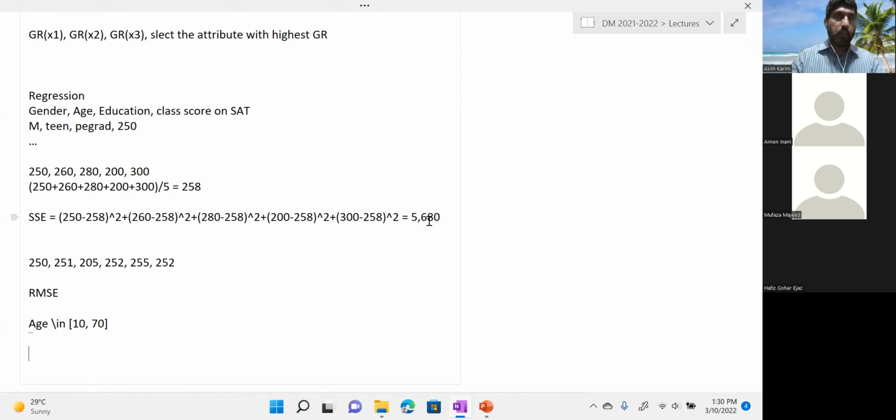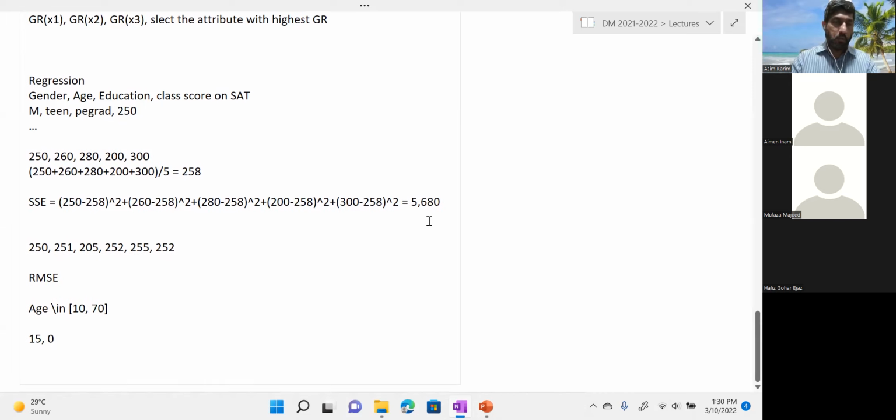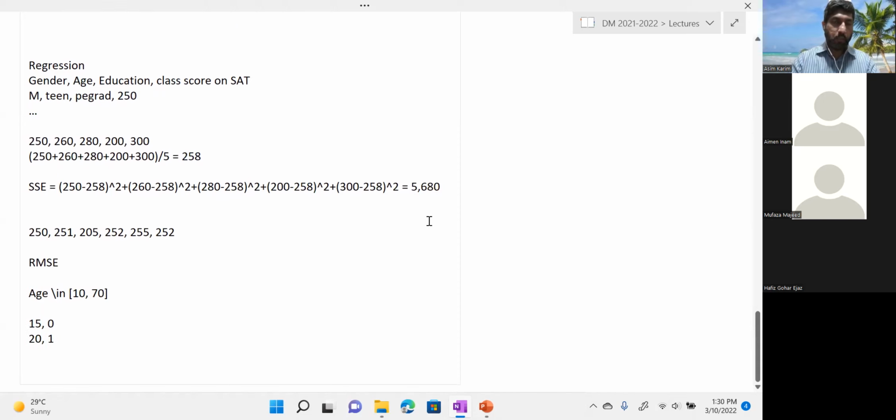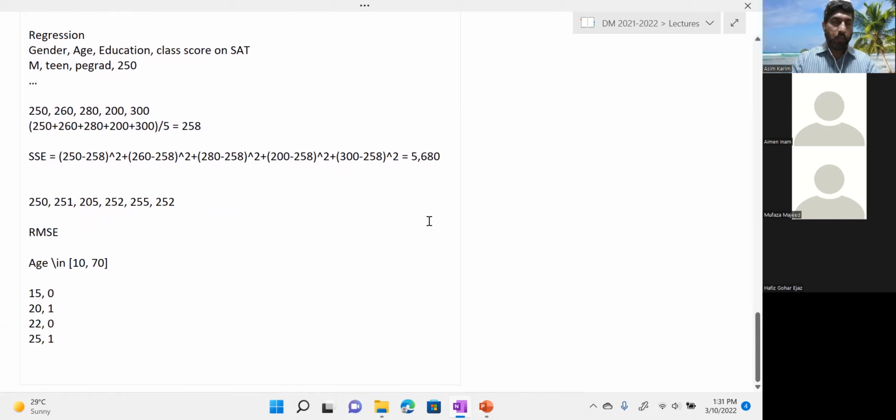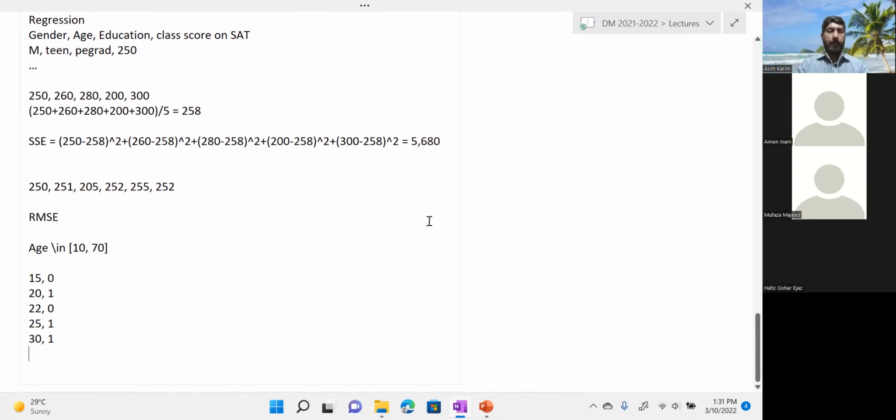a classification problem. Let me write age and the label as pairs. Let's say I have age 15 with label 0, age 20 with label 1, age 22 with label 0, 25 with label 1, and 30 with label 1. OK?